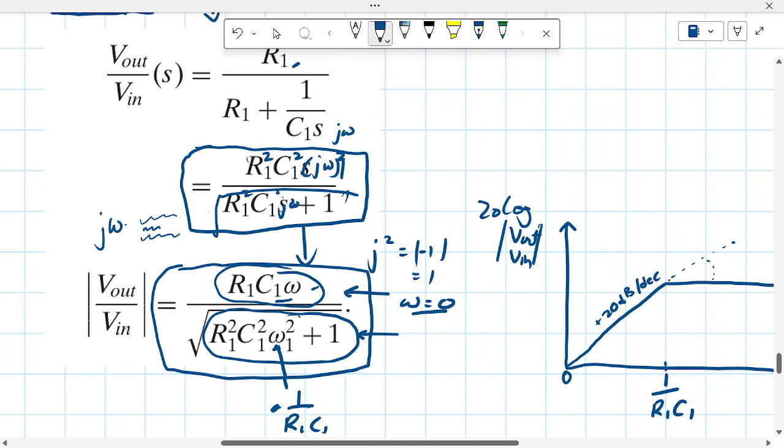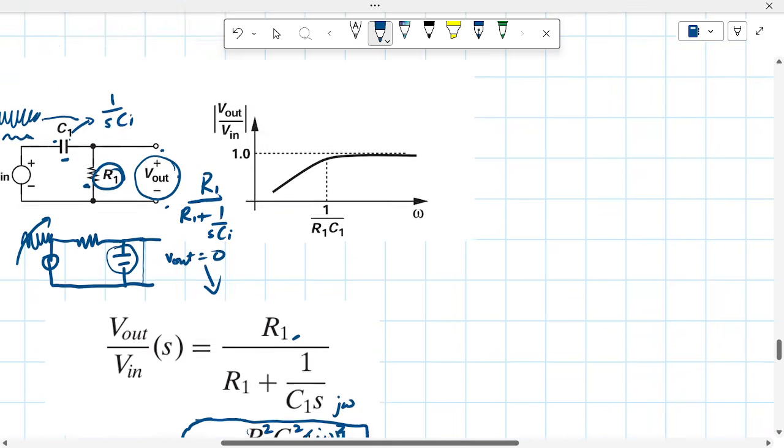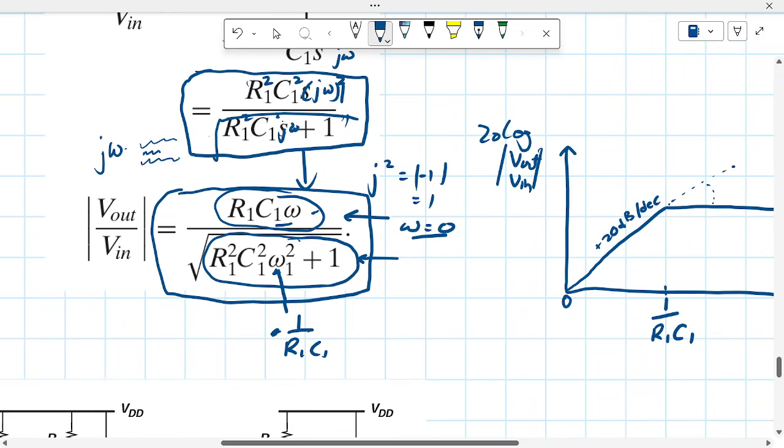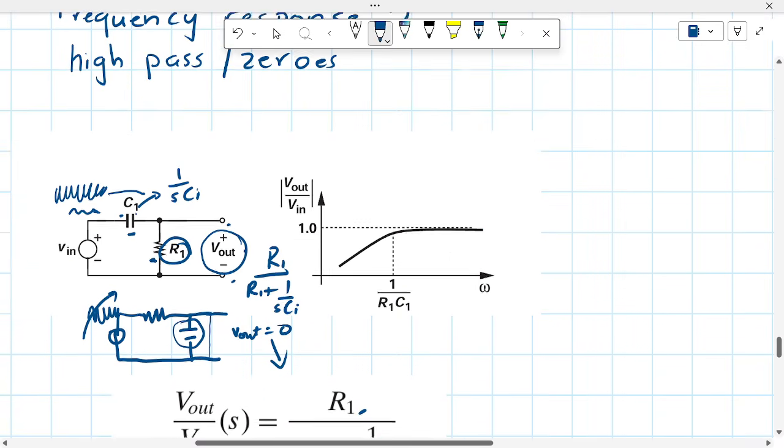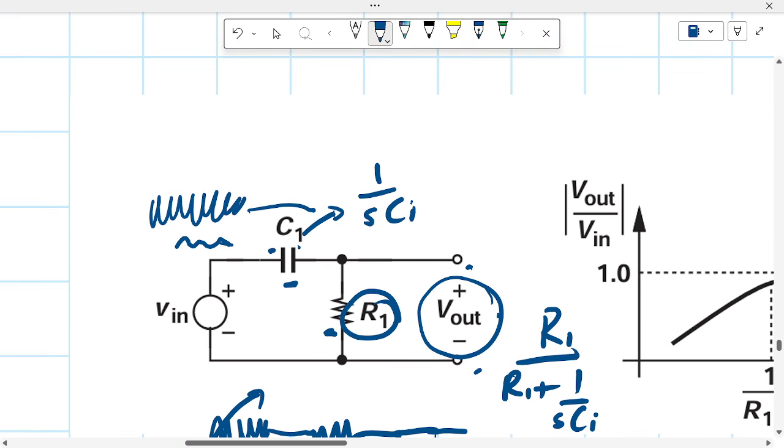So clearly we see how this system behaves, and if the frequency indeed rises, what happens to the system over here? As we begin to increase the frequency, the capacitor here will no longer act as an open circuit.